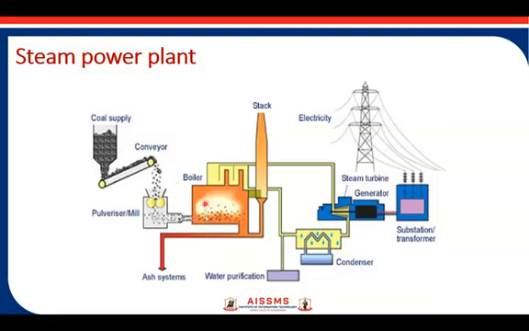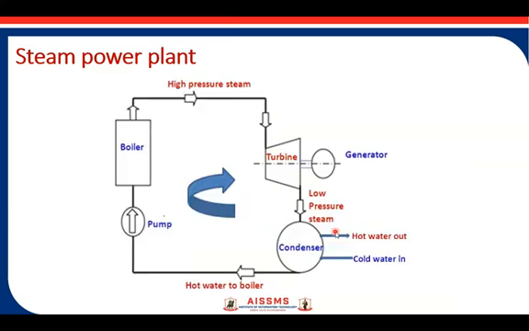Here we have the boiler inside which the coal will be used for making heat energy, and that heat energy will be used for converting the water into steam, and that will be passed to the steam turbine which is connected to the generator and then the transformer. Here you can see the simple diagram of a steam power plant. Solar collectors are now replaced by the boilers.